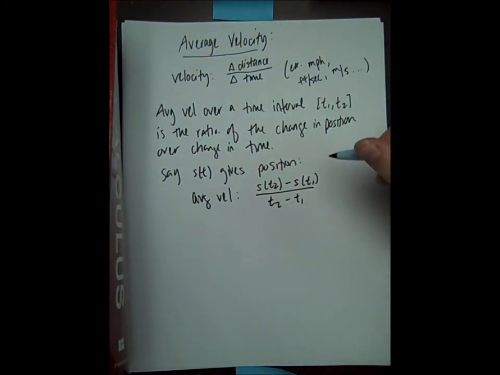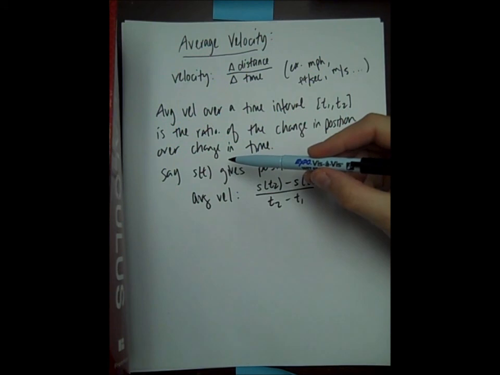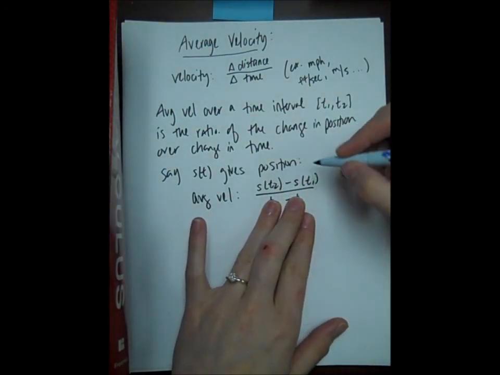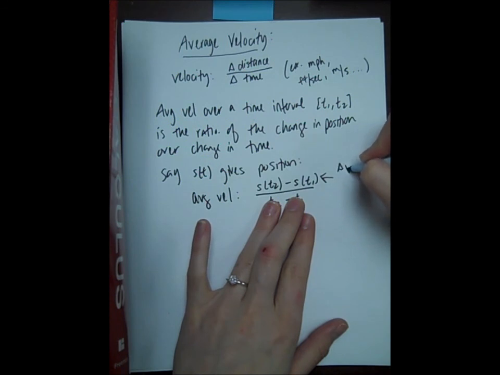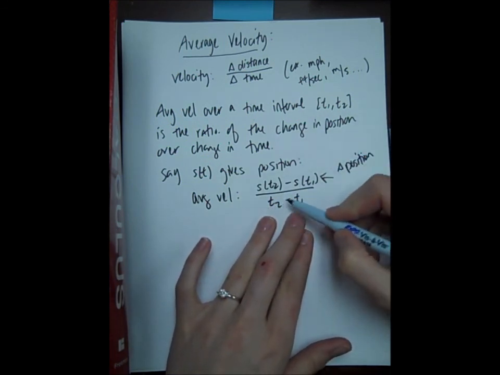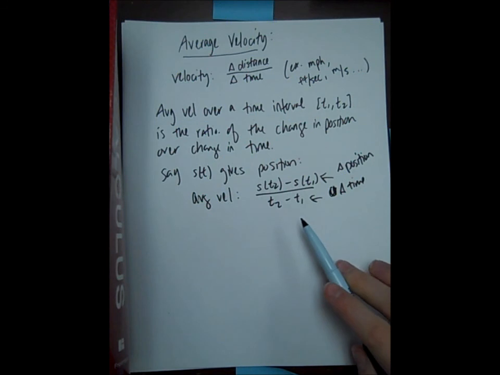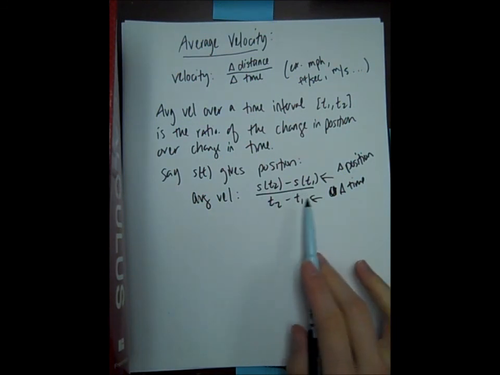So what did I just write down? If S of t is giving me my position, this says how far did I move, so this is my change in position, divided by the total time difference, so this is my change in time. So that's where we get the average velocity: the change in position over the change in time.